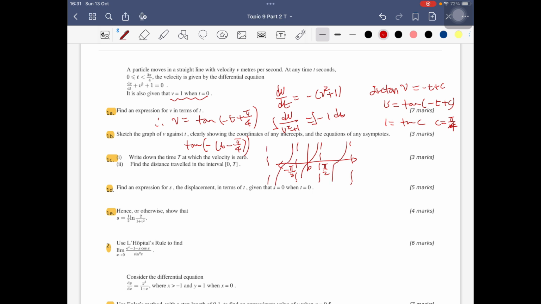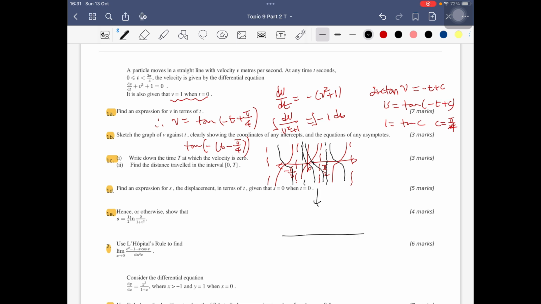It has a period of pi. We need to make the reflection over the y-axis like this, and move it forward pi over 4.